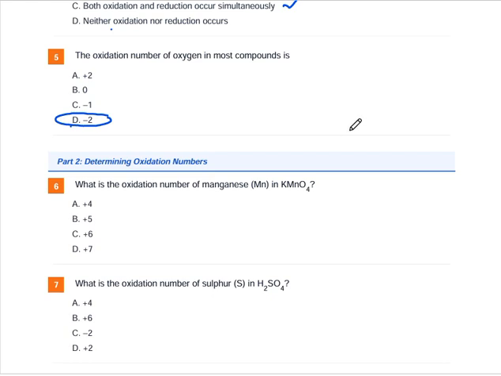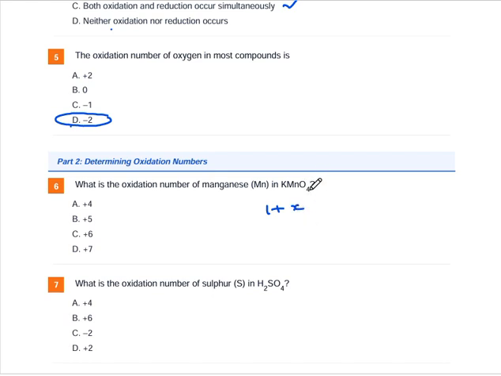So number 6, what is the oxidation number of manganese in KMnO4? Now, there are different ways we can solve that. The oxidation numbers of potassium and oxygen are known. The oxidation number of potassium is 1. That of manganese is X, which is what we are looking for.